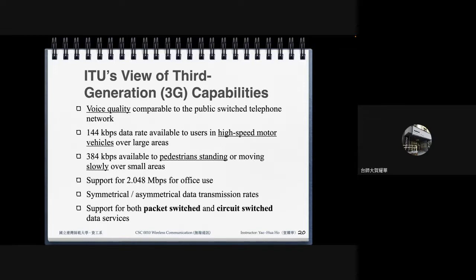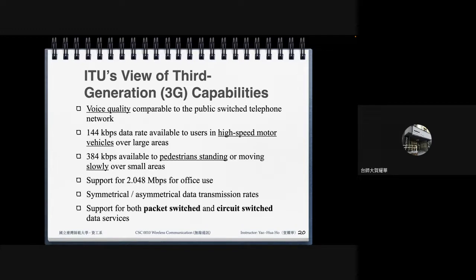The data rate is now available for people to use, 144 kbits per second to 384 kbits per second, depending on whether you are moving with high mobility or low mobility. It also supports around 2 megabits per second for office use. It also allows symmetric and asymmetric data transmission. But the most important on third generation is that they support both packet and circuit switching data services.